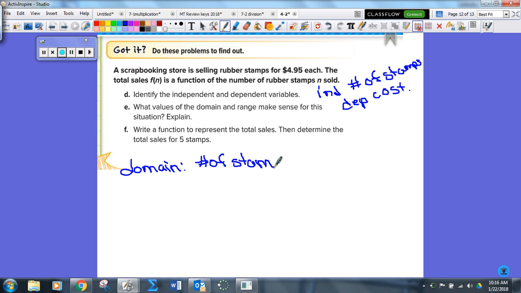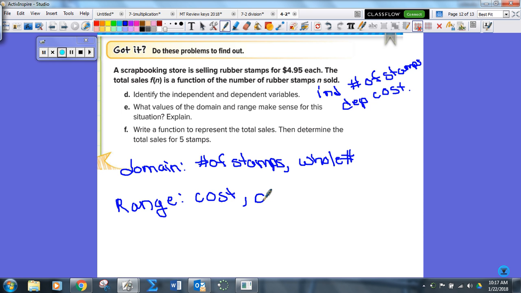Can I buy negative stamps? No, I cannot. Therefore, it's whole numbers, because I also cannot buy part of a stamp. Our range is our cost. Well, our cost of buying stamps is never going to be negative. But it can be decimals, and in fact it is going to be decimals because it's $4.95 each.